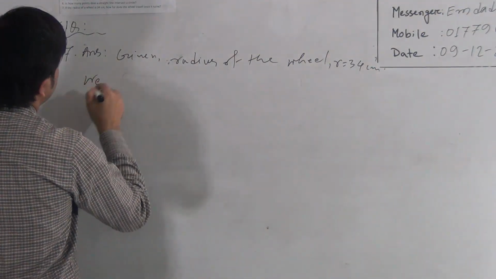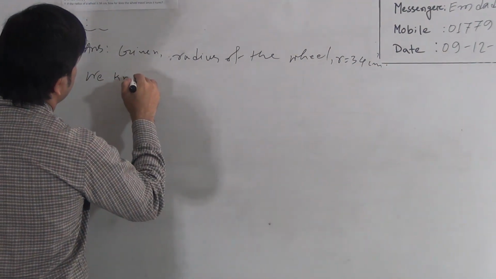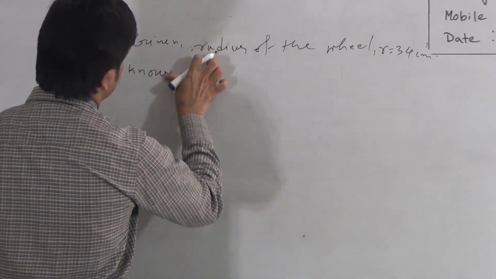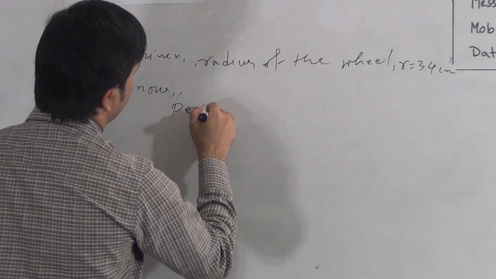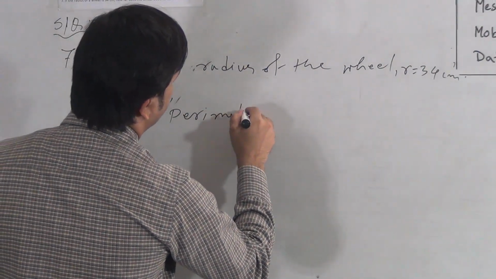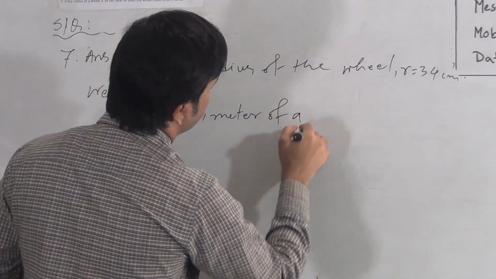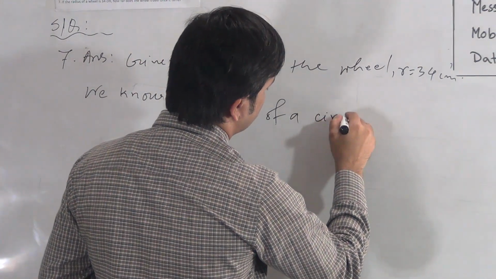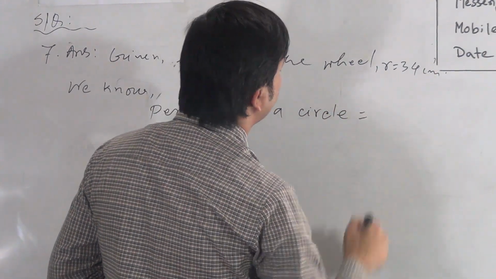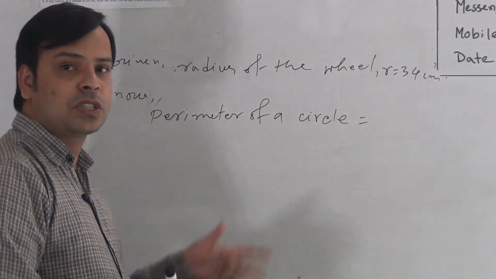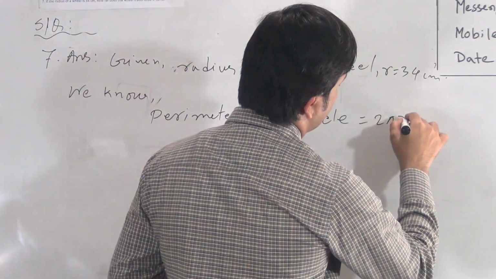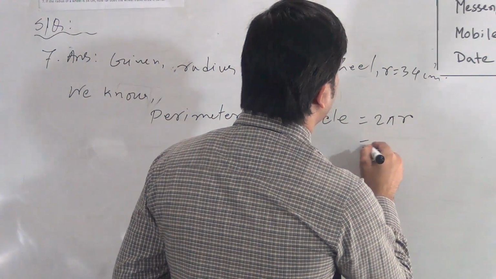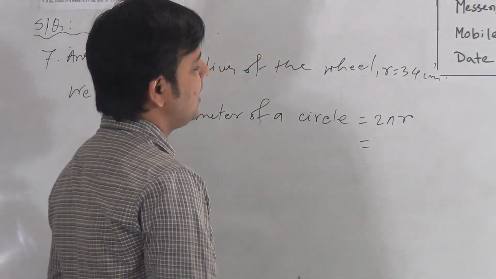We know the perimeter of a circle. As the wheel is like a circle, we can write the formula of perimeter, that is 2 pi r. So put the value of pi and r now.